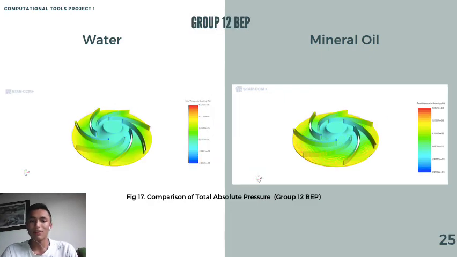The BEP of the group has the same case, because there is no cavitation: the total pressures of water and mineral oil are lower than the vapor pressure.